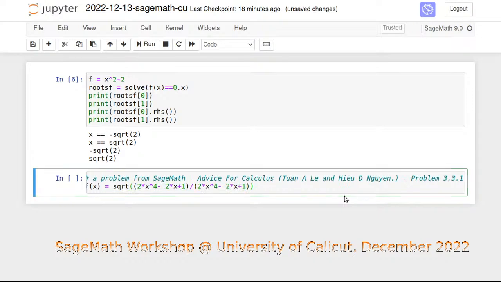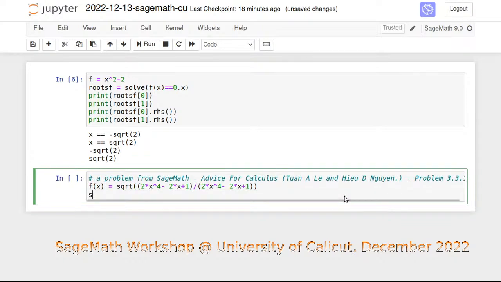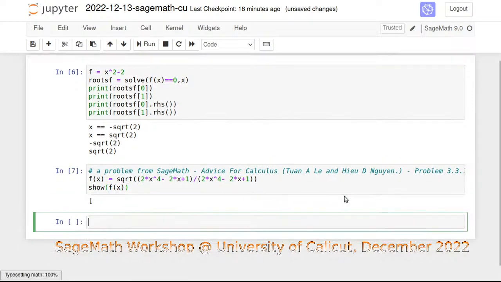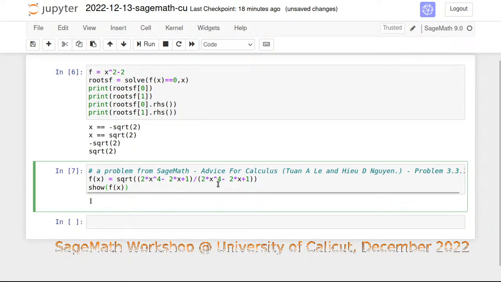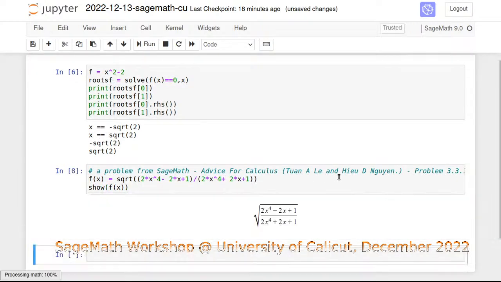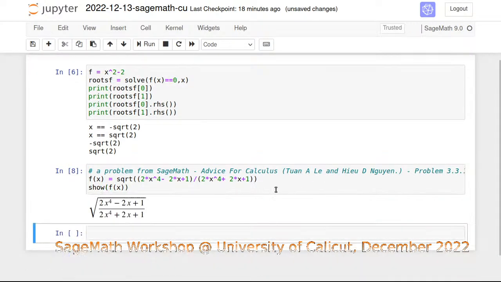Everything is in square root. So this is the function. If you want to see the function in math notation, the function is here. Oh, sorry, plus. This is the function.